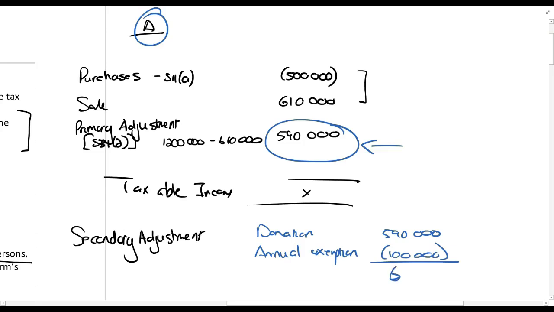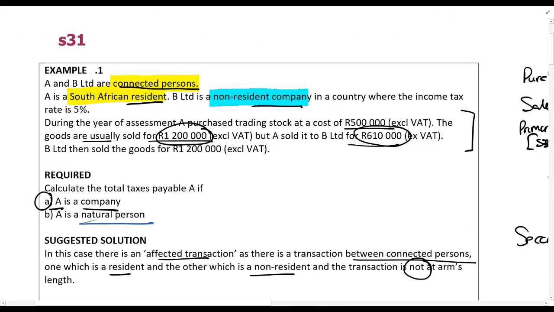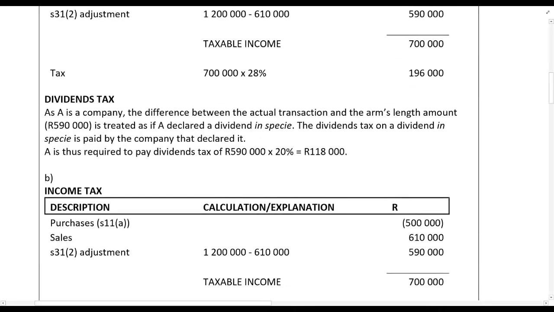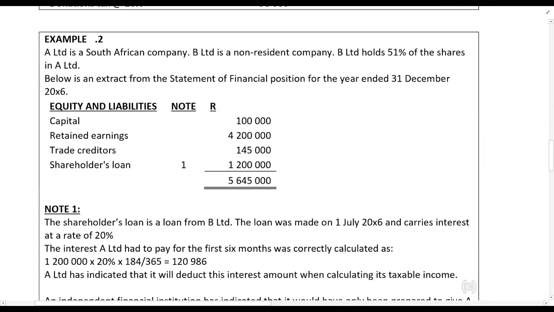That gives us 490,000 rands, and that amount times our donations tax percentage. Right guys, simple as that. That's how it goes.